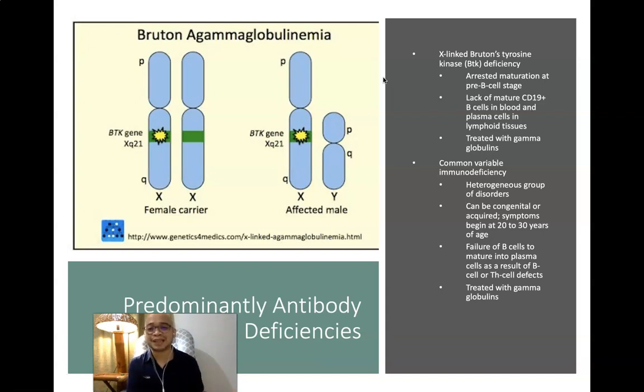this particular protein. I told you a while ago that if it's an X-linked disorder, males would be more predisposed to have it as compared to females. Females would usually be the carrier, but since females have another X chromosome, that X chromosome could be dominant, and this particular gene may not be expressed phenotypically.